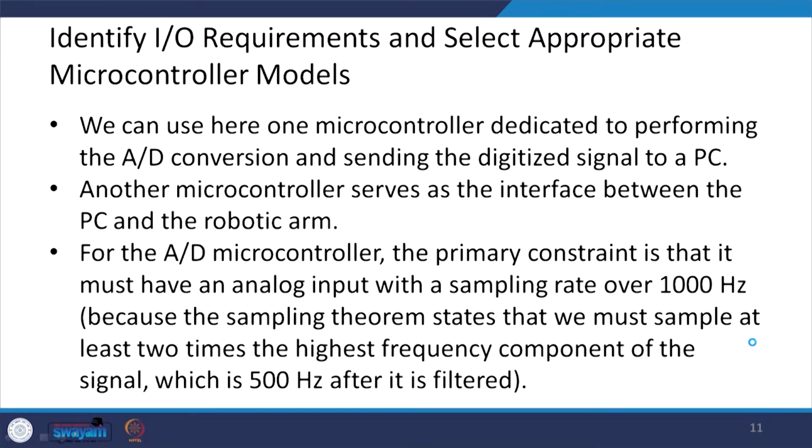For the analog to digital microcontroller, the primary constraint is of course that it must have an analog input with a sampling rate over 1000 hertz, because the sampling theorem, as we have seen, states that we must sample at least twice the highest frequency component of the signal, which is 500 hertz after it is filtered, as we have seen in the previous slides.